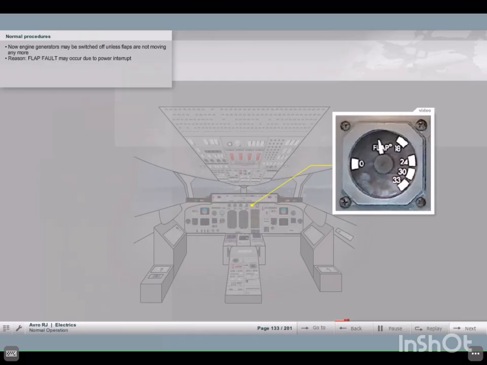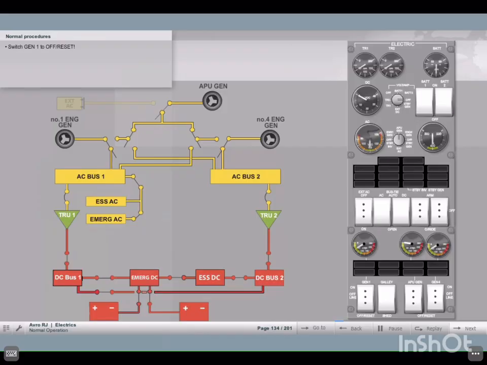Now, we may switch off the engine generators and the engines, but we have to make sure that the flaps are not moving when we do the power switching. The reason is that a power interruption could cause a flap fault. As soon as the previous is assured, we can switch generator 1 to off reset position.